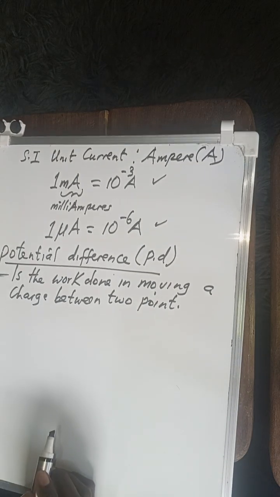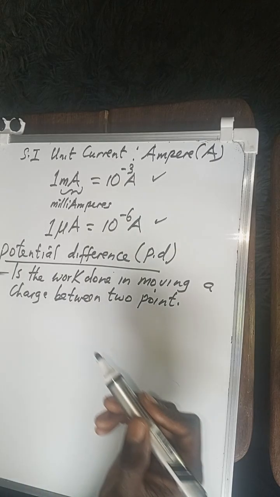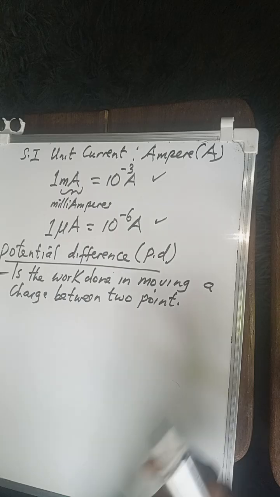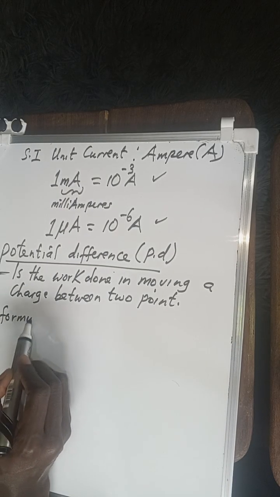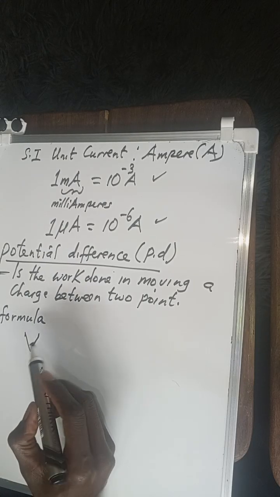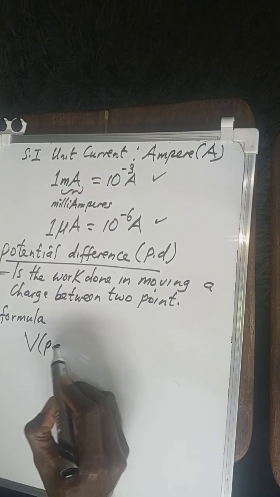That is what we call potential difference. And remember, the potential difference is sometimes represented as the voltage. That is what you need to remember. So what's the formula here that we are going to be dealing with? Well, we can say voltage, like I said, potential difference can be represented as voltage, which is my PD.